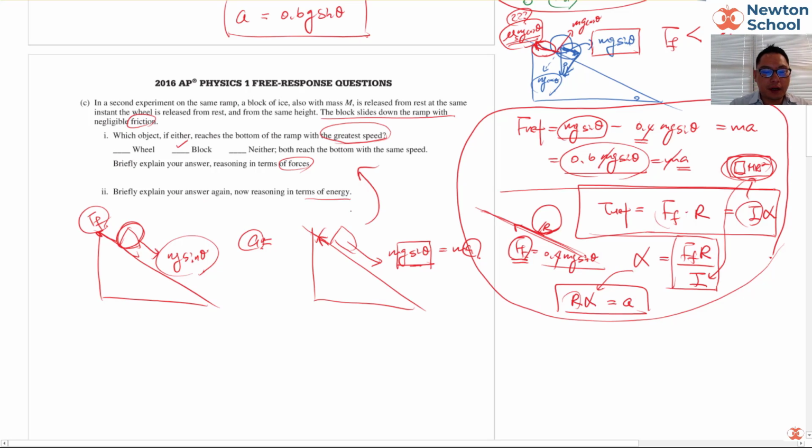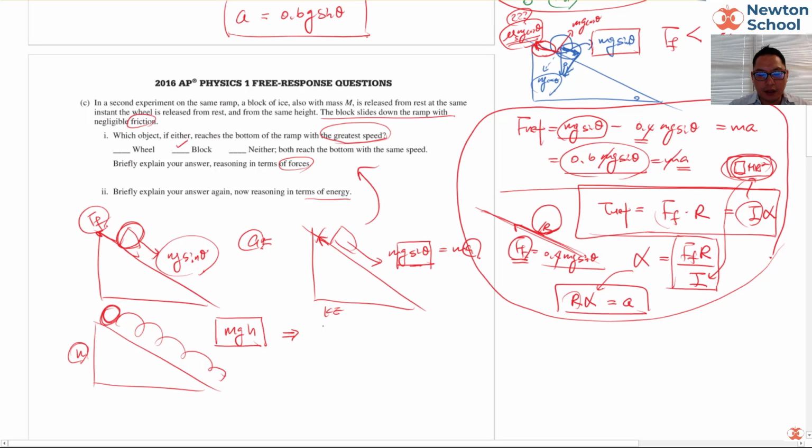Now explain in terms of energy. Before this rolls down, you have height h. So right now your gravitational potential energy is mgh. Now this will turn into two types of kinetic energy. One is translational kinetic energy, which is 1/2 mv squared, and the other is rotational kinetic energy.